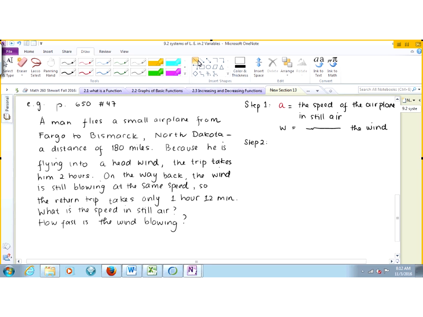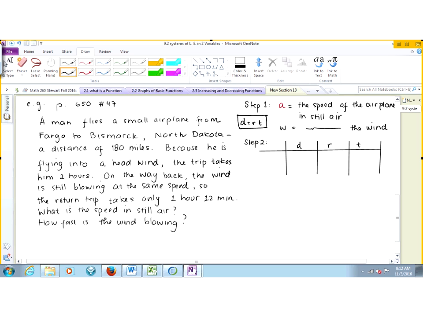Yes, it would help. So how would the table look like? Well, what formula do you think we're going to use? Distance equals rate times time. Yes, so distance is equal to rate times time. You remember the formula, don't you? D is equal to R times T.